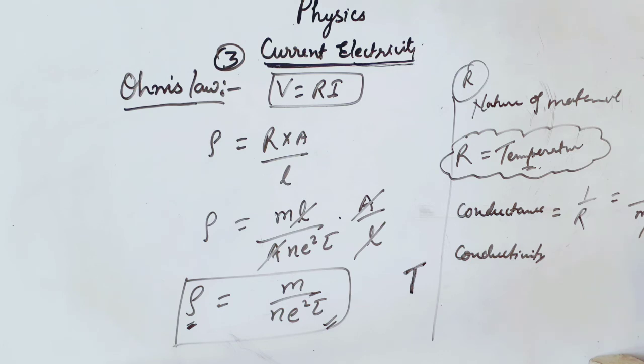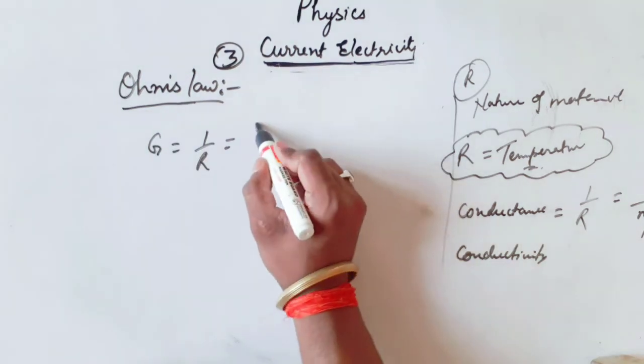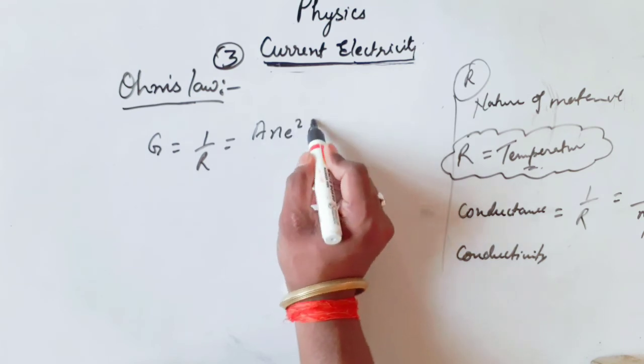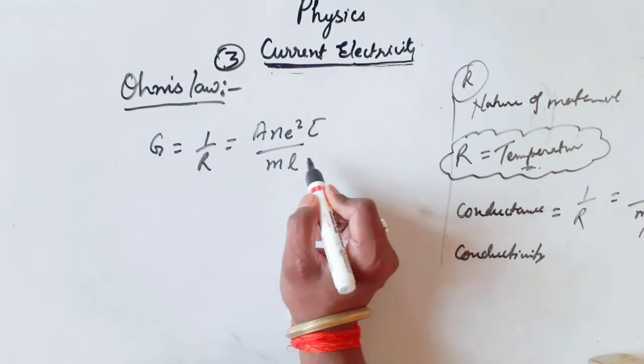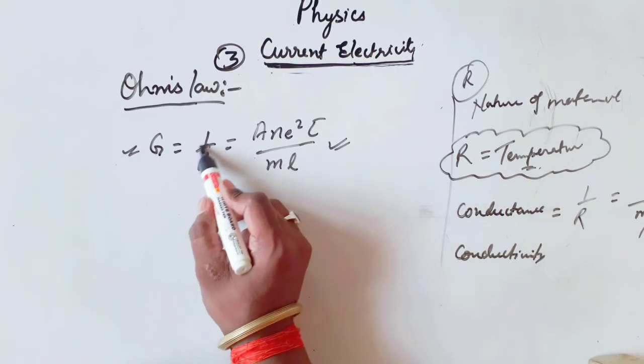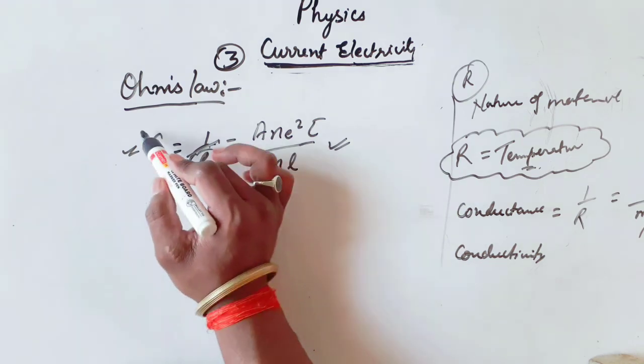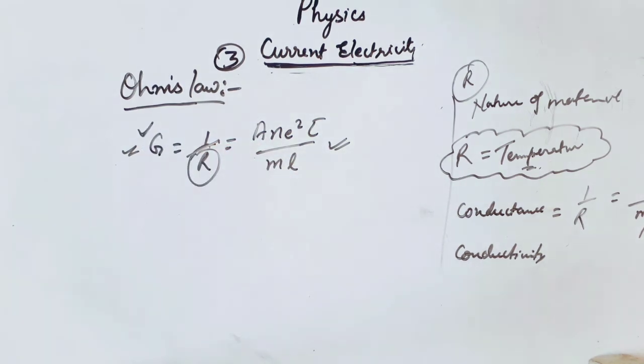So we will get a n e square tau upon ml. It is the value of conductance. As we know, resistance opposes the flow of electric current in a circuit, but conductance always supports the electric current flowing through the circuit.